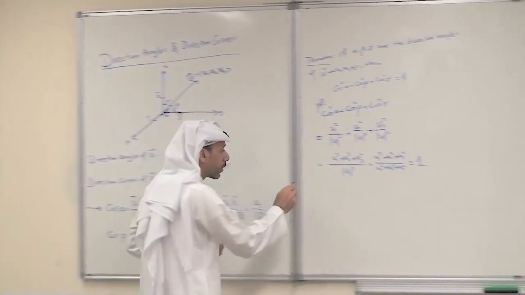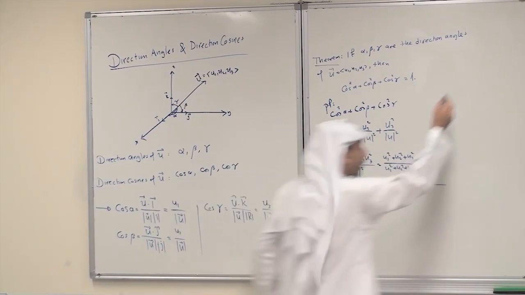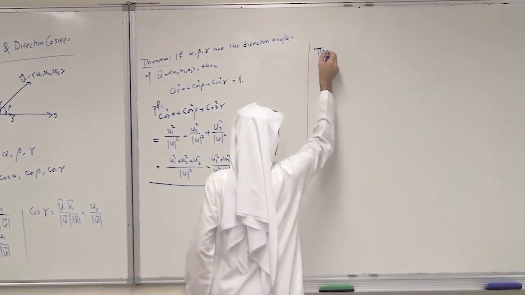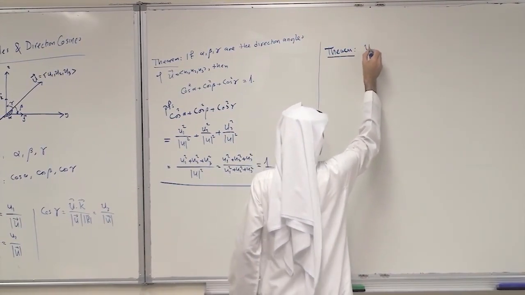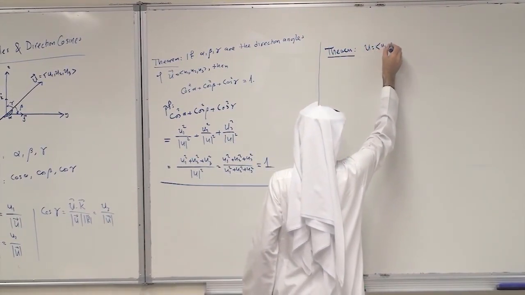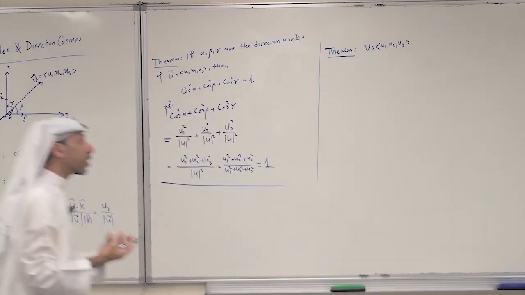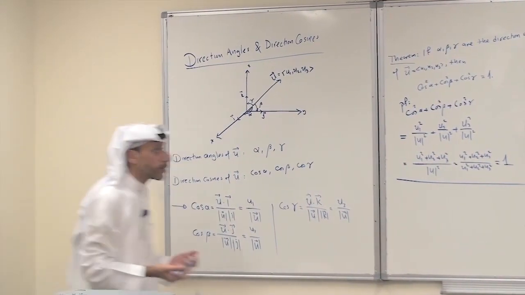Further, we have the following property. For any vector u = (u1, u2, u3), we can write it in terms of the direction cosines.